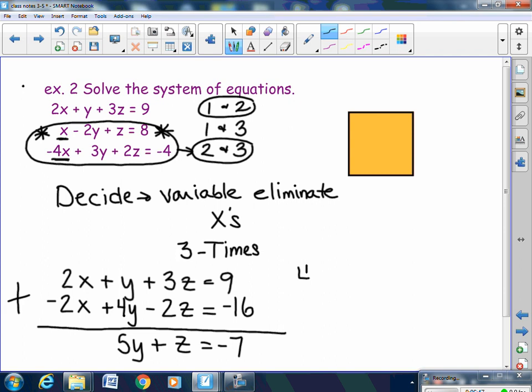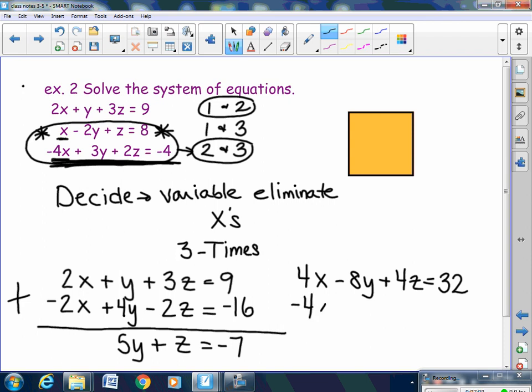So the starred one, I'm going to multiply all of it by 4. So I'm going to get 4x minus 8y plus 4z equals 32. So the starred one up there I multiplied by 4. The third equation right here, I'm not going to do anything to it. I'm just going to write it right underneath it.